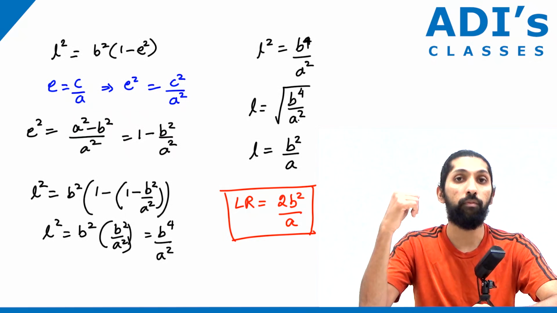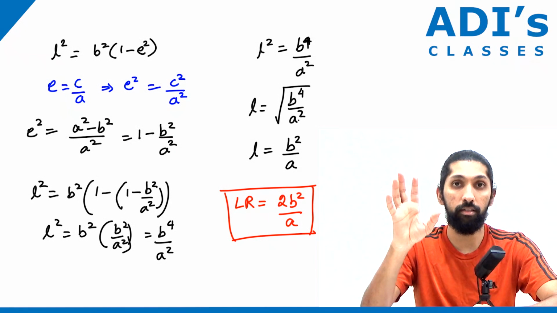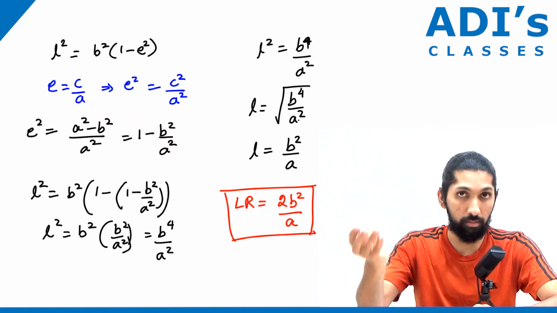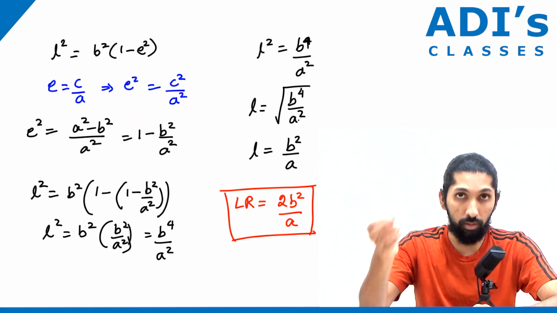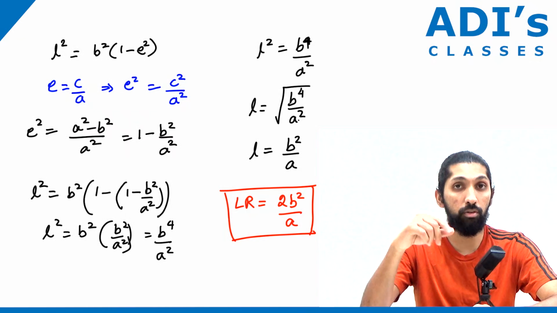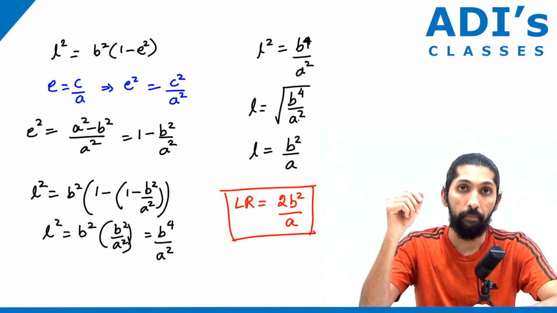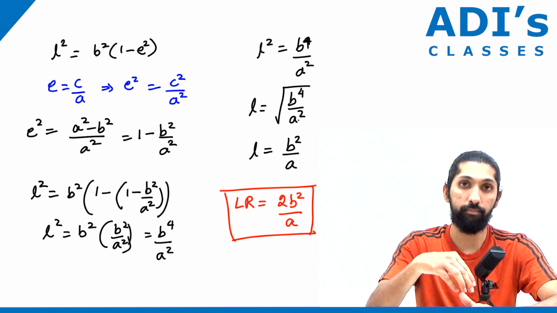Fair enough? Now we have all the parameters related to the ellipse. Correct? We did the equation x square by a square plus y square by b square is 1. Then we did the foci in this case. c is equal to what? a into e. That means we were introduced to the next concept of eccentricity.